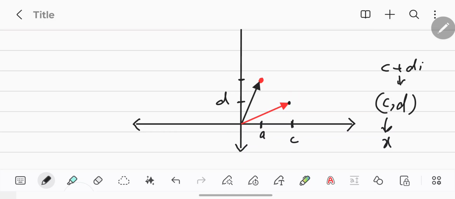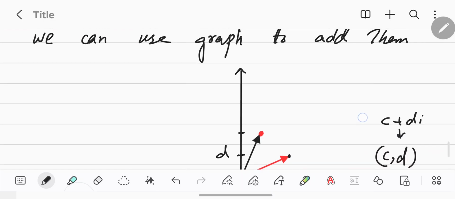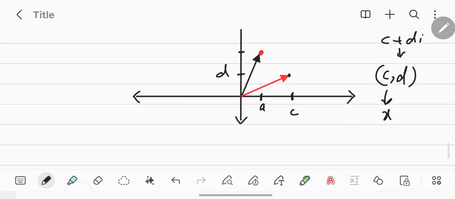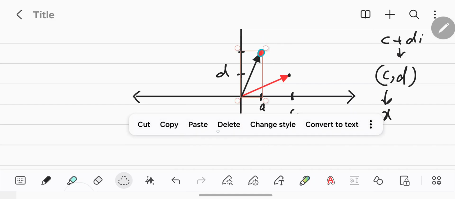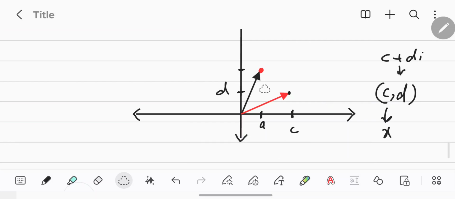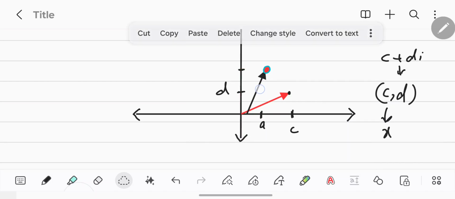So these are two vectors which represent two complex numbers, a plus b iota and c plus d iota. Now how can we add them graphically, geometrically? We have to shift one vector, we have to shift this vector here.